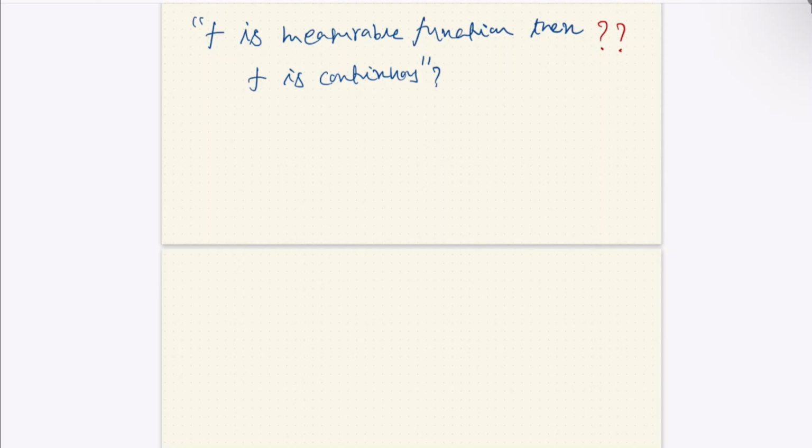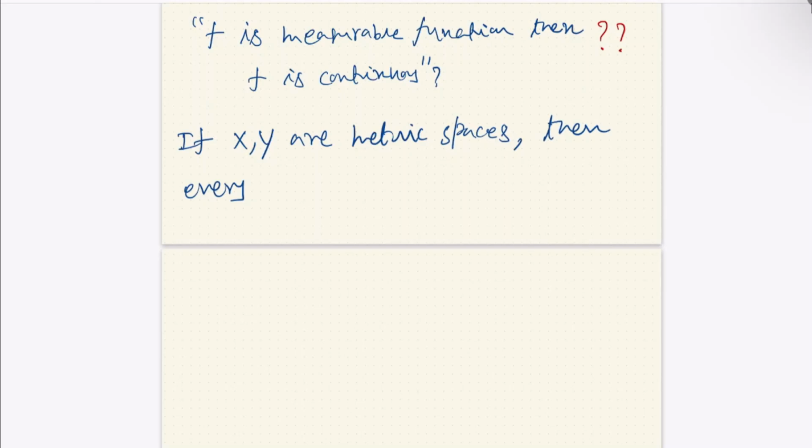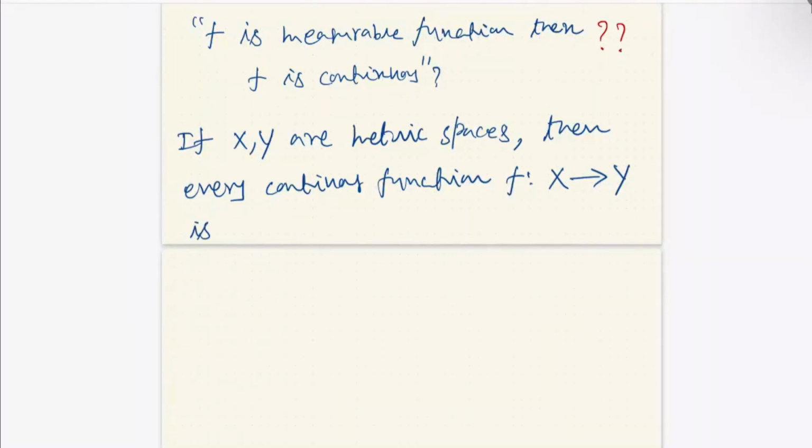Maybe it's not a definition. If x, y are metric spaces, I will write metric because to talk about open sets we always require a metric. So, x, y are metric spaces, then every continuous function f from x to y is Borel x, Borel y measurable.